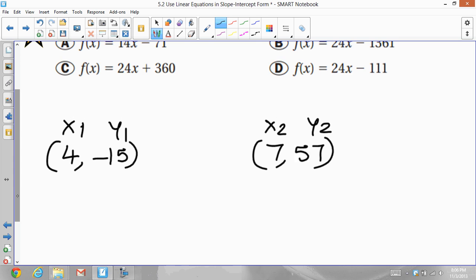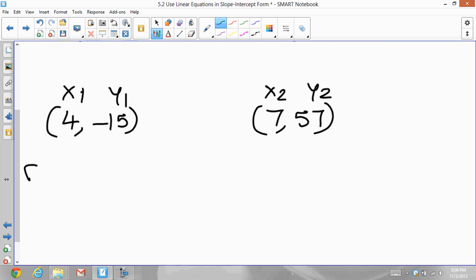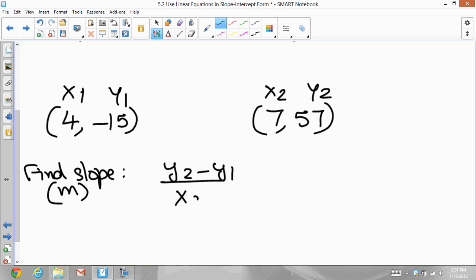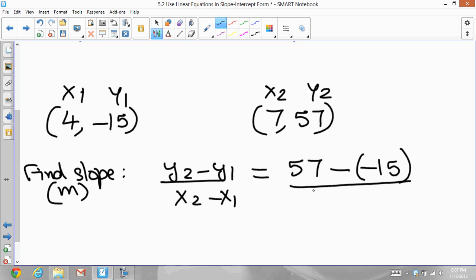And now you need to find the slope. So this is the first step, find slope. So to find the slope, which is your m, you need to have y2 minus y1 divided by your x2 minus x1. So y2 is 57 minus y1, which is also coming with a negative sign, so I'm making sure that I put it inside a parenthesis, and x2 value is 7 minus 4.